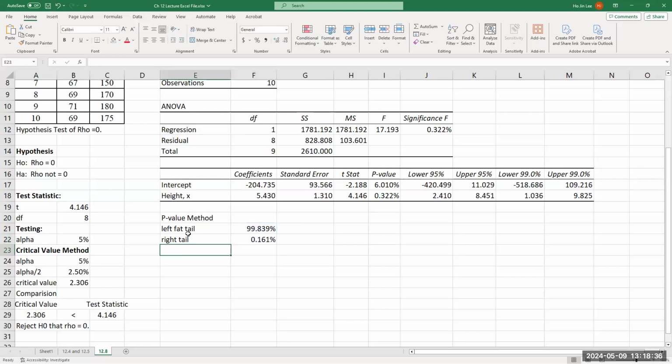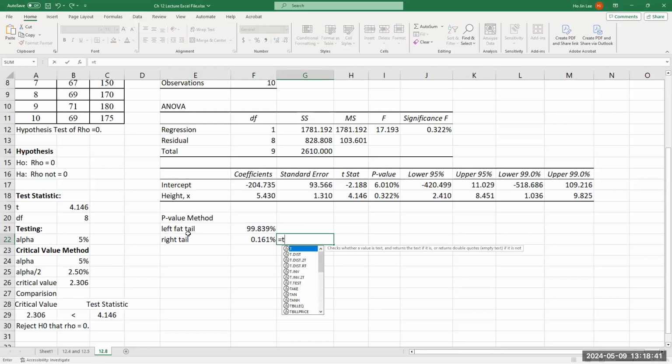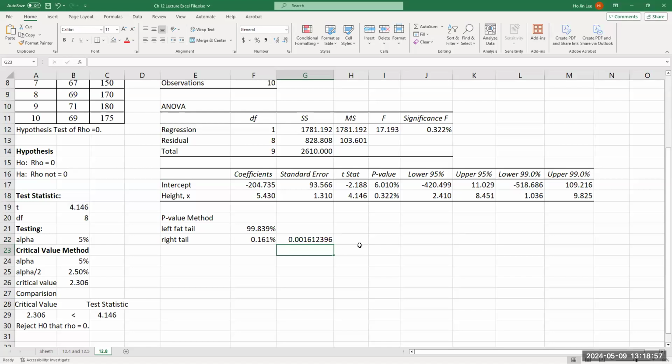And there's a second way of doing it, which is T.DIST.RT, and then you put in your test statistic, comma, degree of freedom, and it'll directly give us our right tail, so you don't have to do the left tail and 1 minus that. Either way works. And then the p-value is 2 times the right tail.